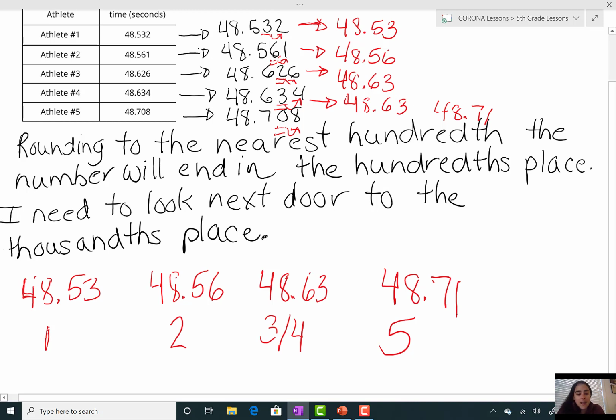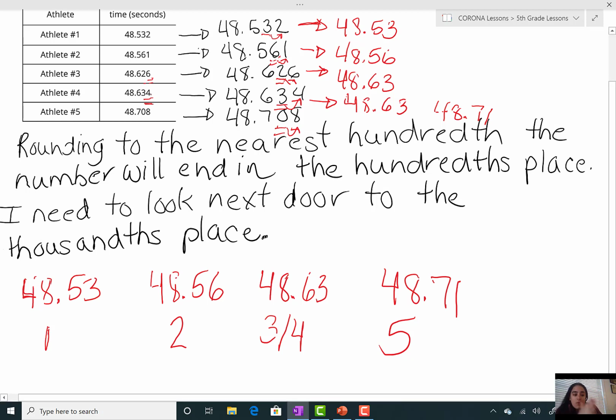Now, if I go back to athlete 3 and 4 and I look at the original chart, you could see that athlete 3 with a 6 in the thousandths place versus a 4 in the thousandths place, athlete 3 is 2 thousandths of a second slower, but again, in swimming, they usually only record times to the nearest hundredths place, so I would argue that athlete 3 and 4 practically tied.